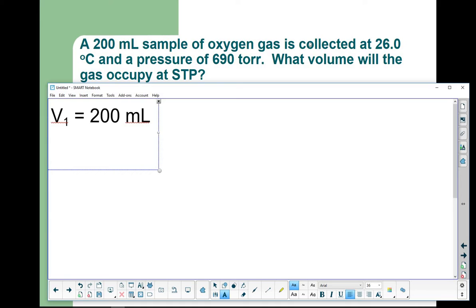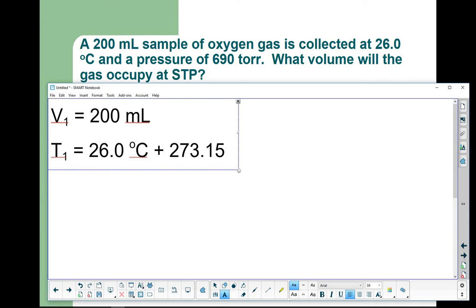A sample of oxygen gas is collected at 26.0 degrees Celsius. Oh, that's a T1. And I need to convert that really quickly to Kelvin by adding 273.15.